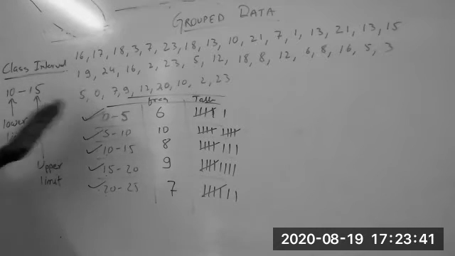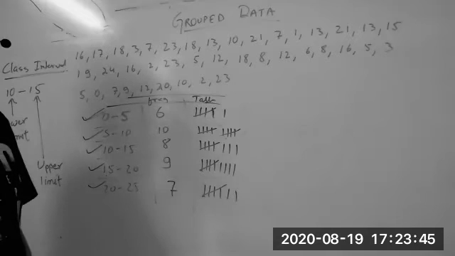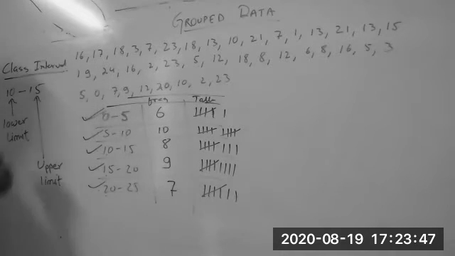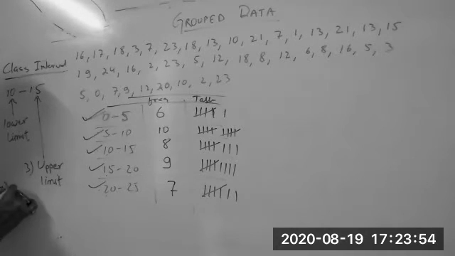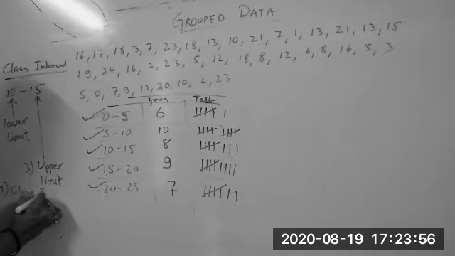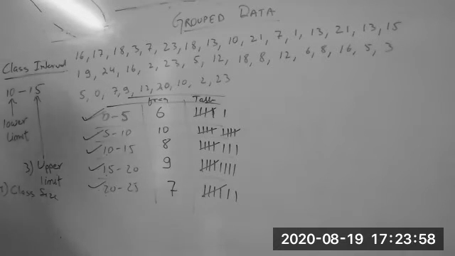And in this, one more term is class size. This is one terminology, two, three, now the fourth is class size. Class size is upper limit minus lower limit.